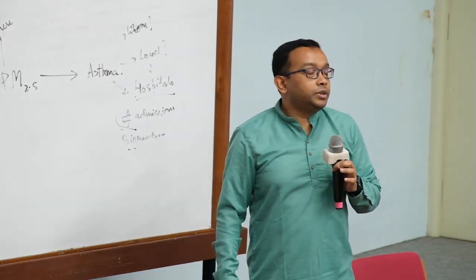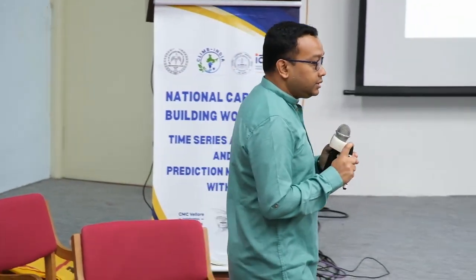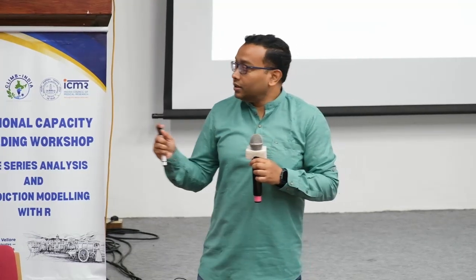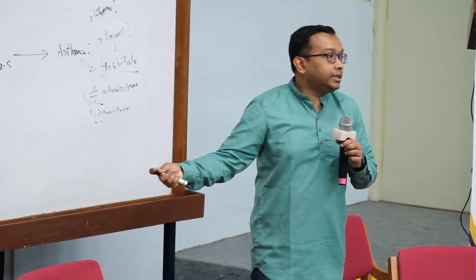So what is going to be the difference in that? If you have number of admissions for asthma in the OPDs or in the hospital, then you don't have individual level information anymore. You are aggregating data.